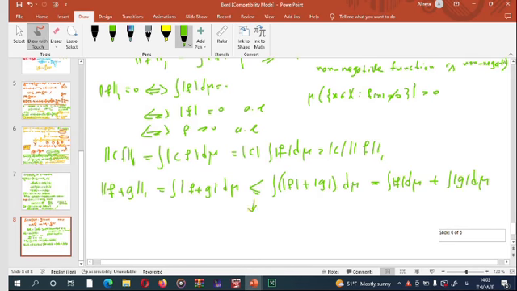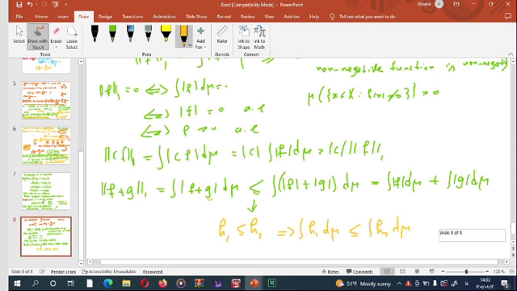For this, please note that if, for example, h1 is less than h2, then the integral of h1 is less than the integral of h2, okay?